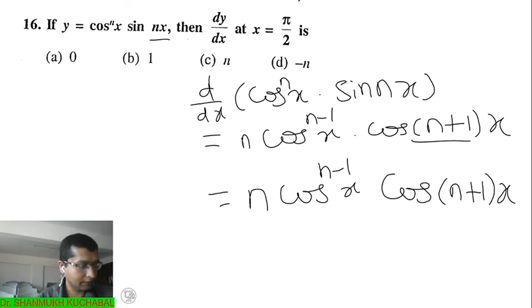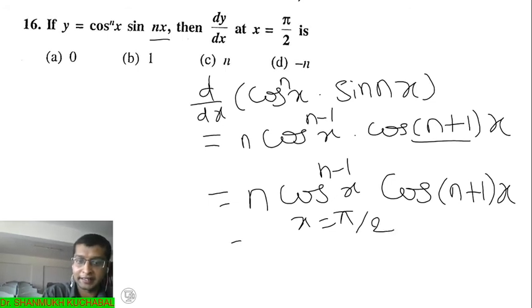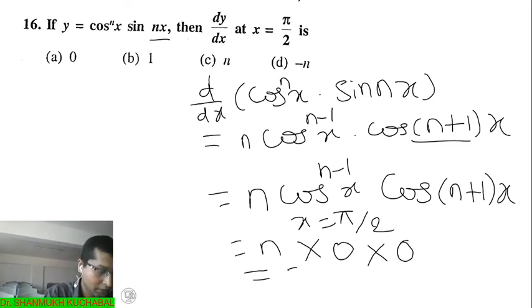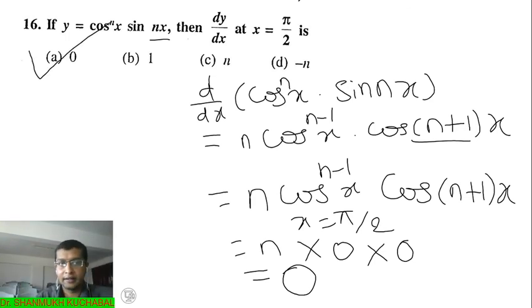So further we need to take the value of x equal to pi by 2. It is 90 degrees, yes, cos of 90 degrees is 0, and here also it is 0. So 0 into 0, we get 0. Therefore option A is the right answer.